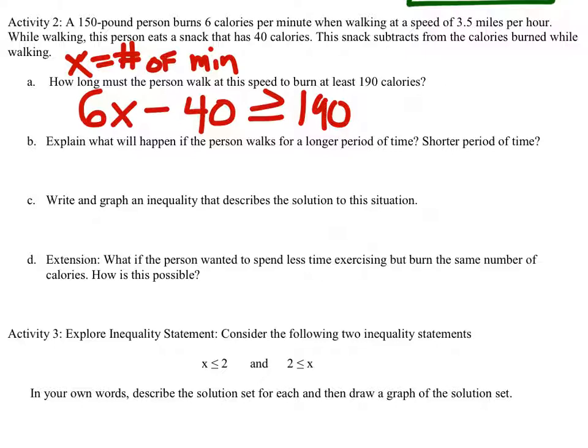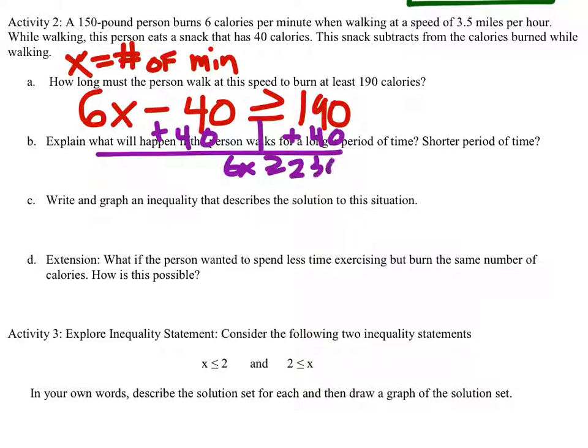Next, all we have to do is solve these. So we would add 40 to both sides, just like we would on a regular equation. That gives us 6x is greater than or equal to 230. And then dividing both sides by 6, we get x is greater than or equal to, simplifying that, 115 thirds minutes.